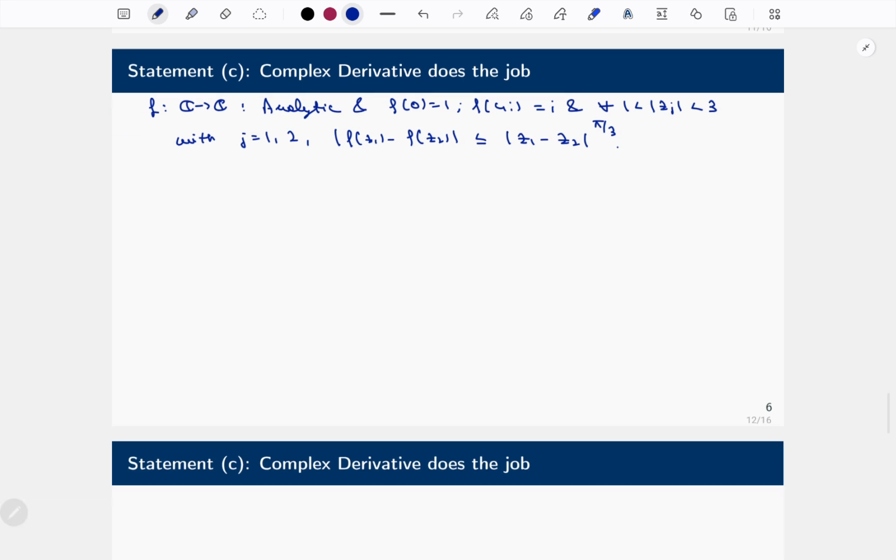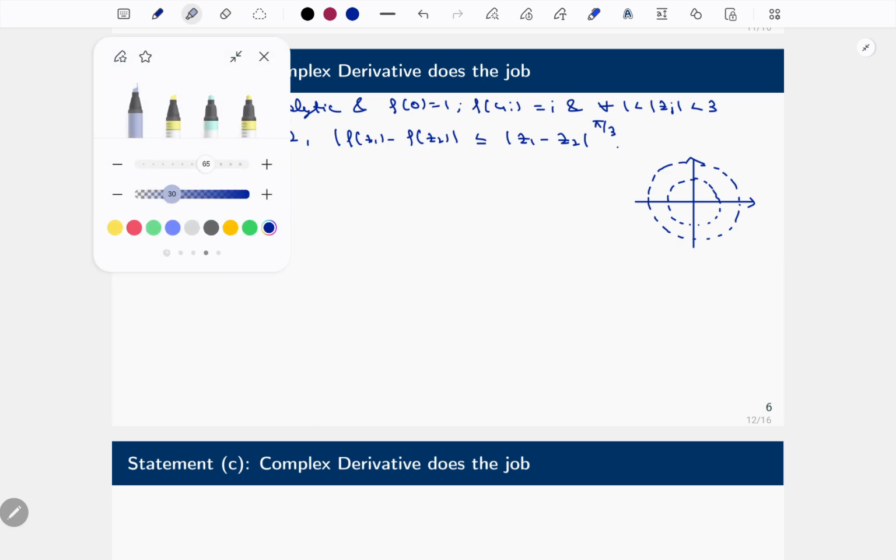Fine. Now let's try and analyze this. Where do these zj's belong? If I draw it out, this is my unit circle, and this is the circle around the origin of radius 3.